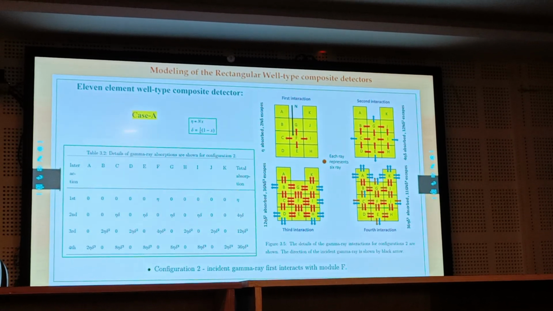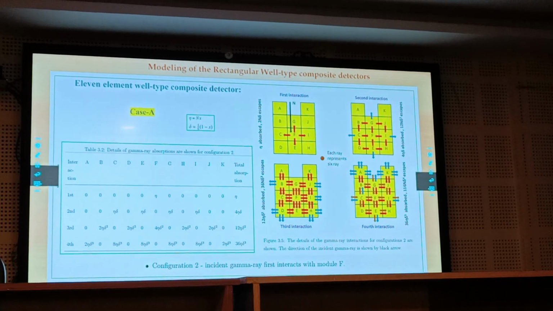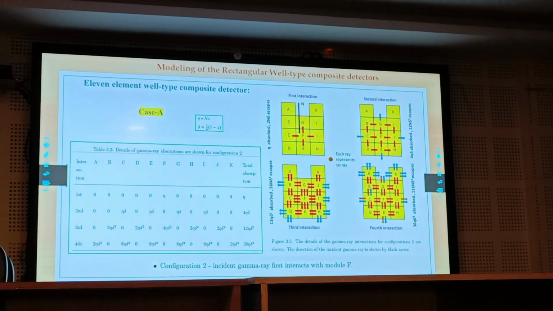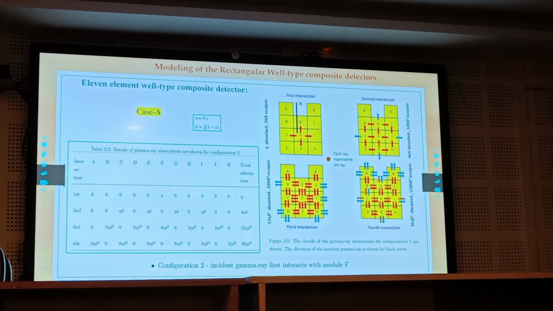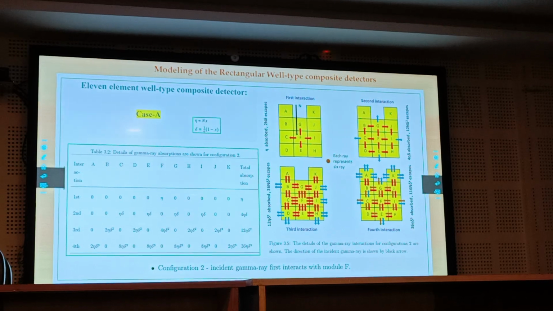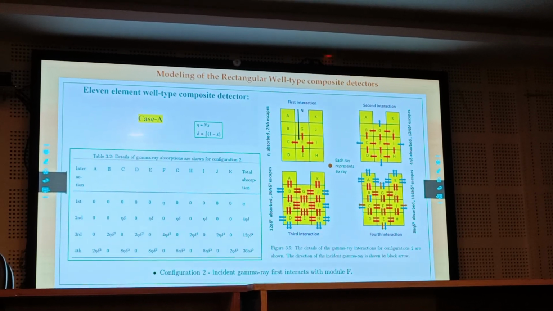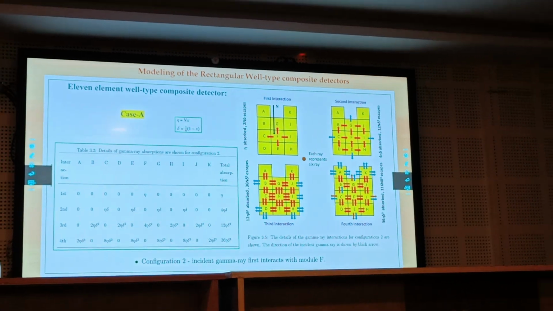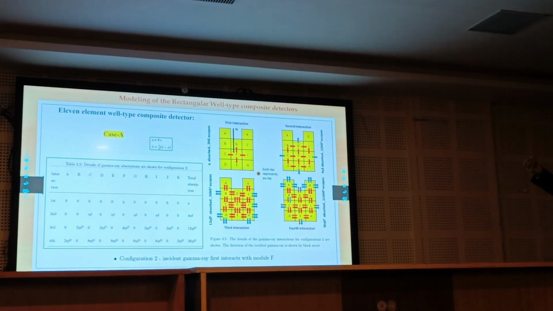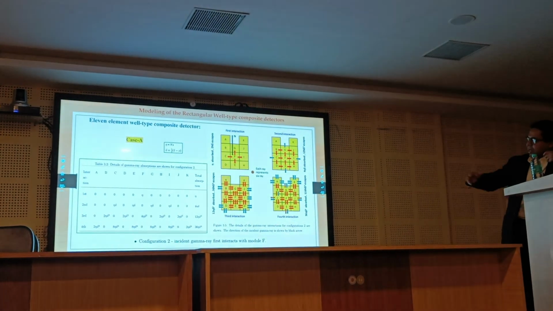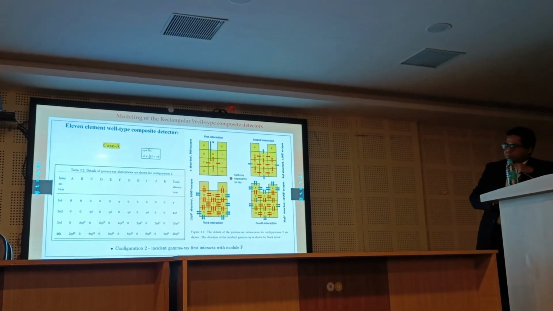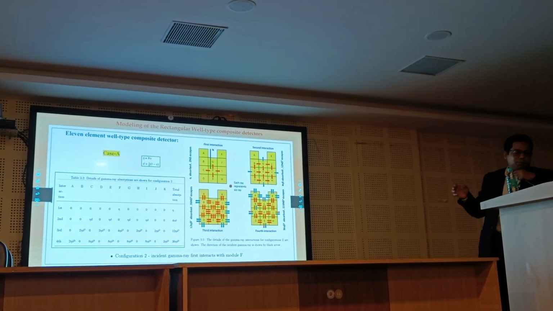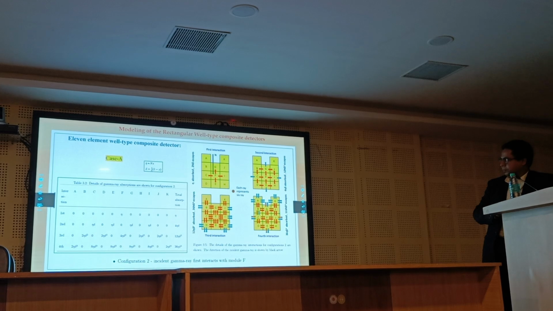After first interaction, gamma ray is scattered to its nearby four detector modules, that is C, G, E, and I. From C, G, E, and I, gamma ray will also scatter to its nearby modules, and after that we get the third interaction and then the fourth interaction. Here also we calculated all these parameters, and this shows the tabular form of the final result, module-wise absorptions and total absorptions in the composite detector.